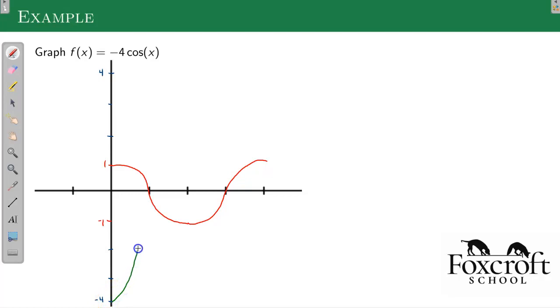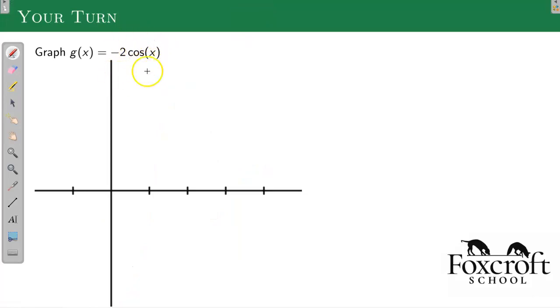But the wave's going to end at the same place, so it hits the midline at the same place. Then this next point is flipped and higher. It comes back down to the midline at the same place, and then that's flipped and lower. Again, if it was +4 cosine of x, it would look something like this. But -4 flips it across as well. It's really important that you get these values right. When they hit the midline, that doesn't change when you make the waves bigger.